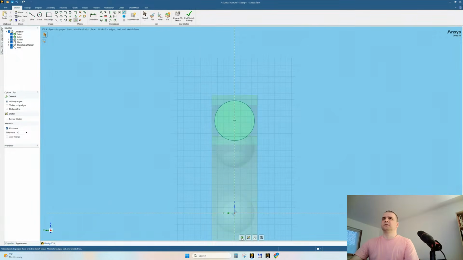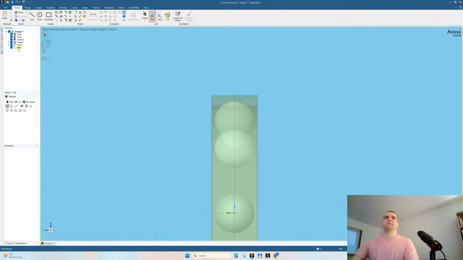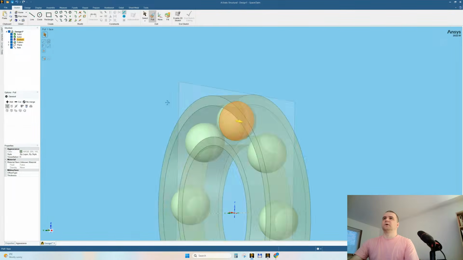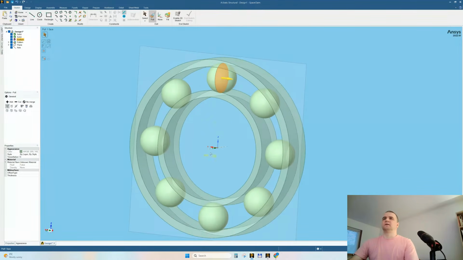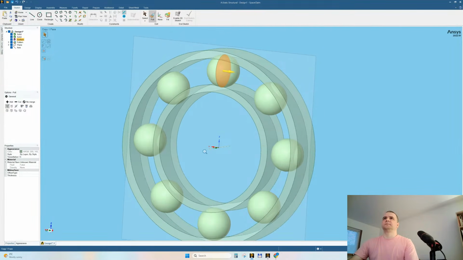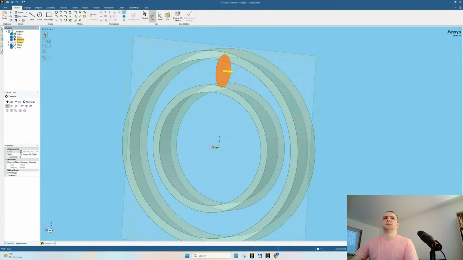Return to 3D mode. Now I have this surface. Look, this one, and I will rotate, cut it about this axis. Yes. So at this moment, let's hide the balls. Yes, and let's make that rotation, that cut.